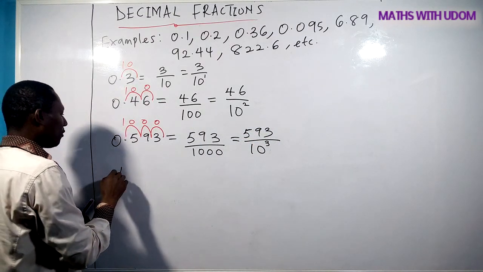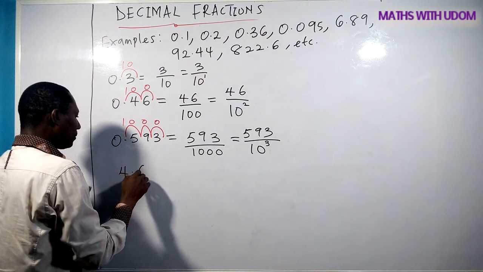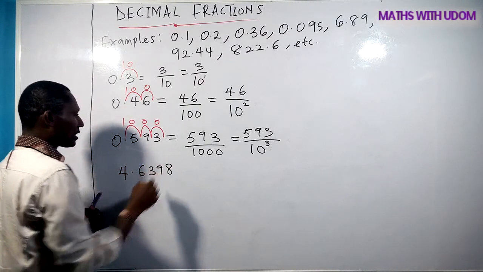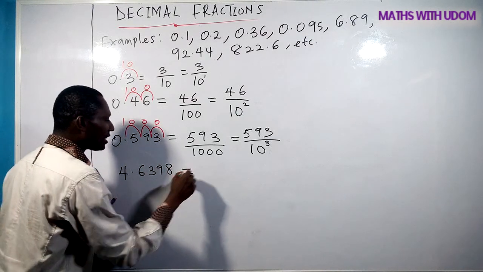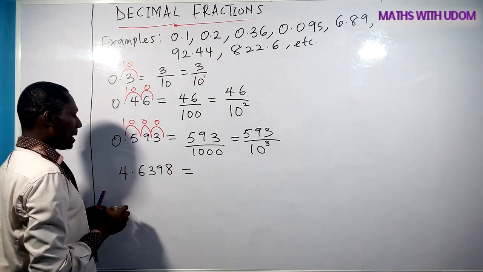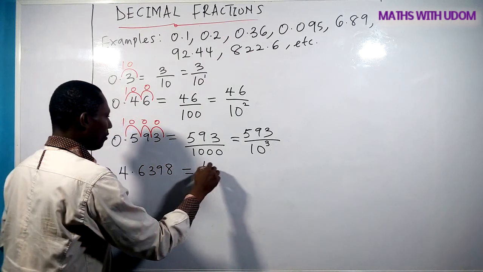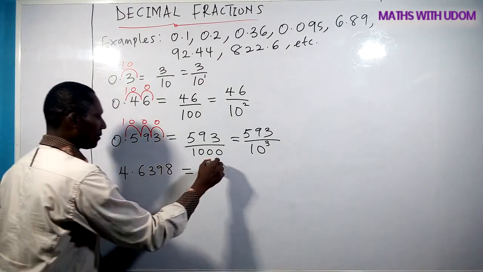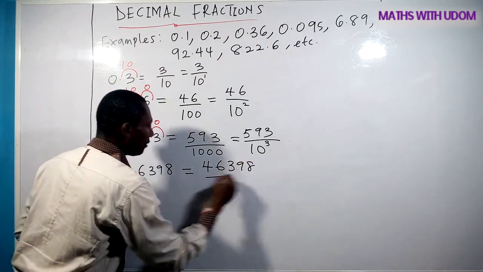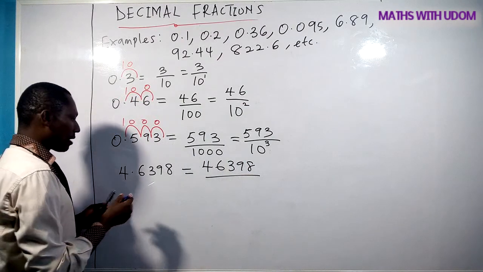And let's have the last example right there. Let's have 4.6398. I can rewrite this number as 46398 divided by what? Let's move backwards again from here.